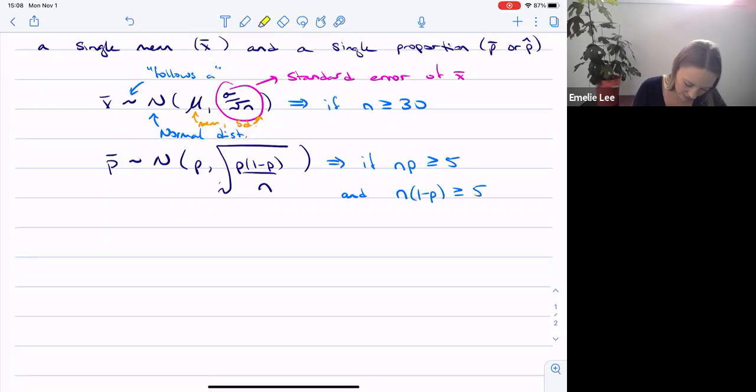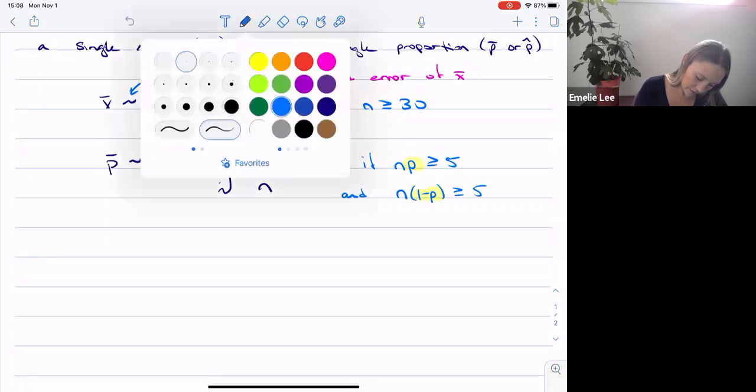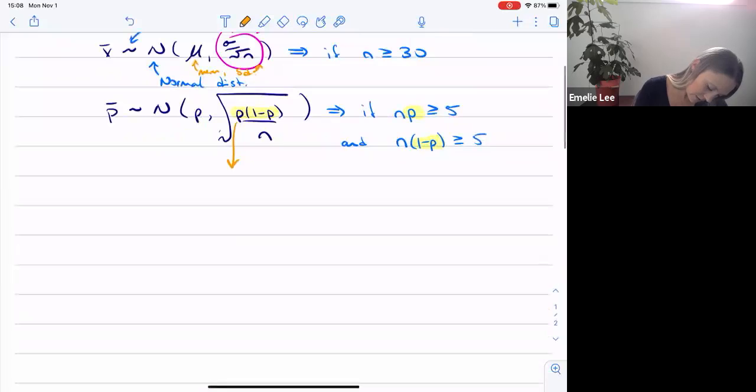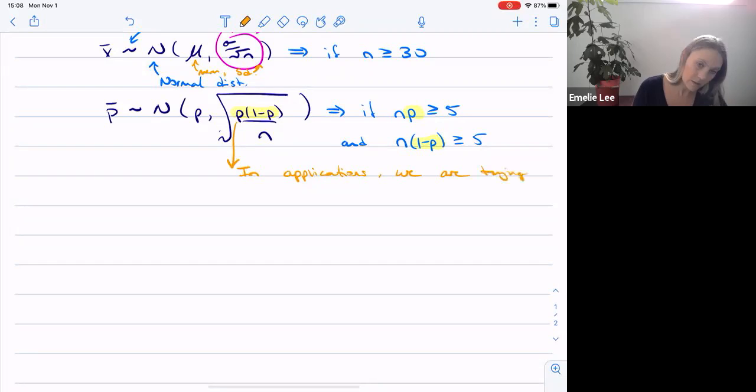One thing that we'll notice here is that in applications, we are trying to figure out what P is.